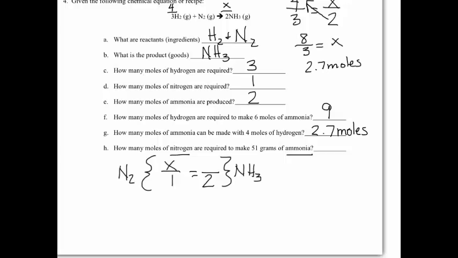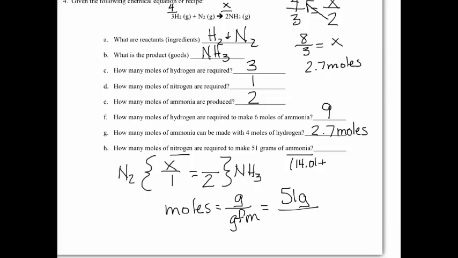So I'm going to use my moles equation. Moles is equal to given mass over GFM. My given mass from the question was 51 grams, and then I need my GFM for ammonia. So we've got to figure out the GFM for ammonia. The formula is NH3, so we're going to add nitrogen's mass, which when you look in the periodic table is 14.01, to 3 hydrogens.